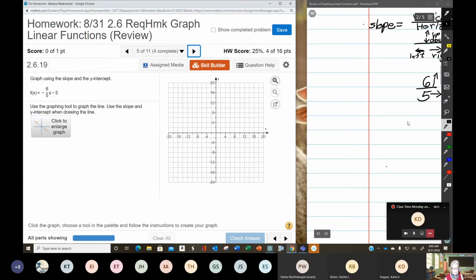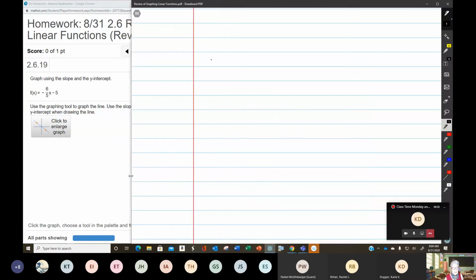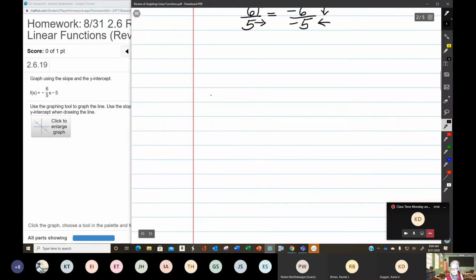Number 5. Here's the other possibility for slope.